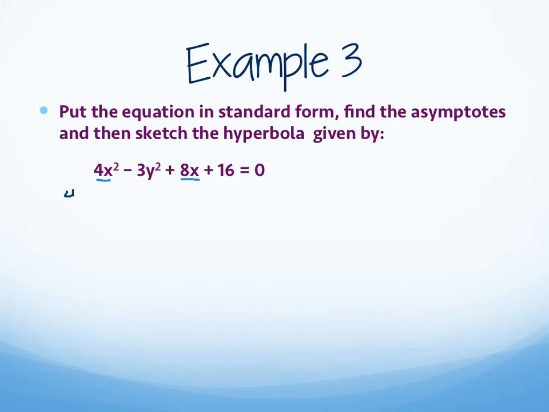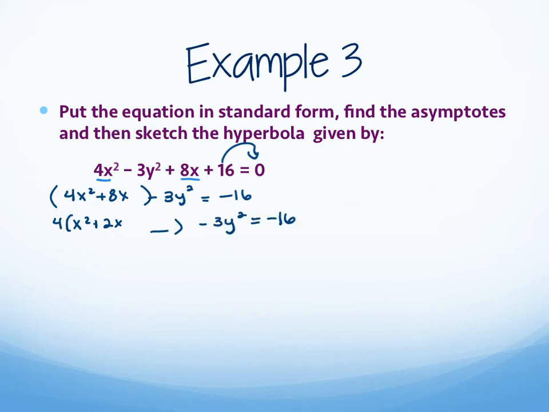So let me group the 4x squared and the 8x, negative 3y squared, and bump the 16 to the other side. I'm going to have to complete this square, so I'm going to take the 4 out, leave the space, minus 3y squared equals negative 16.